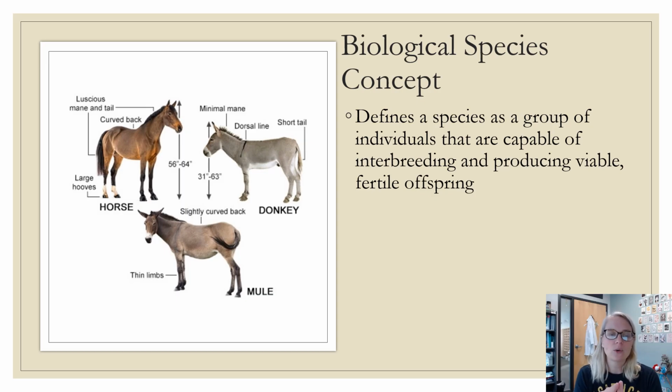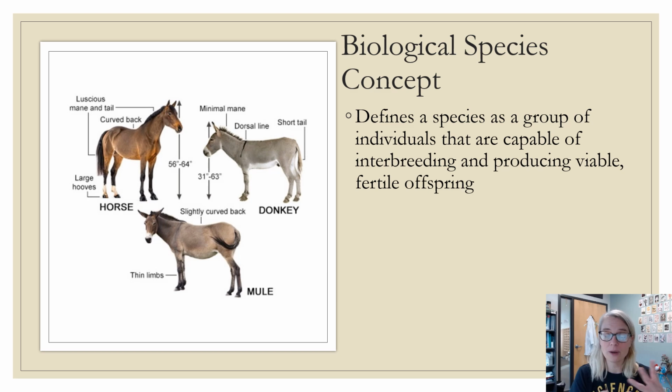Okay, so in our example here on the screen, horses mate with horses, they can make more horses. Donkeys mate with donkeys, they can make more donkeys. So those are different species. But you may be aware that horses and donkeys can mate, and they end up with an offspring called a mule, right? So it's got in-between characteristics between a horse and a donkey. And that's fine. The mule is viable. It will be alive.